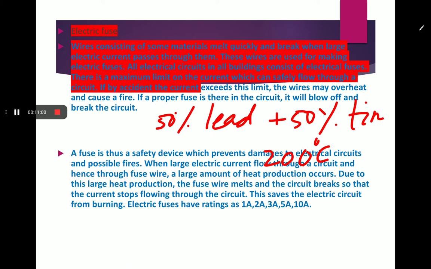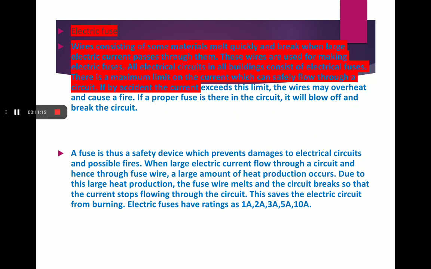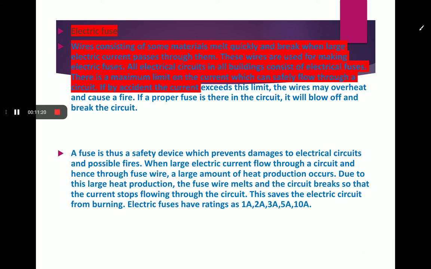This happens whenever there is any kind of fluctuation, short circuit or overloading. As you can see, it is also written here that the wire consists of some material that melts quickly and breaks when a large electric current passes through it. These wires are used for making electric fuses.